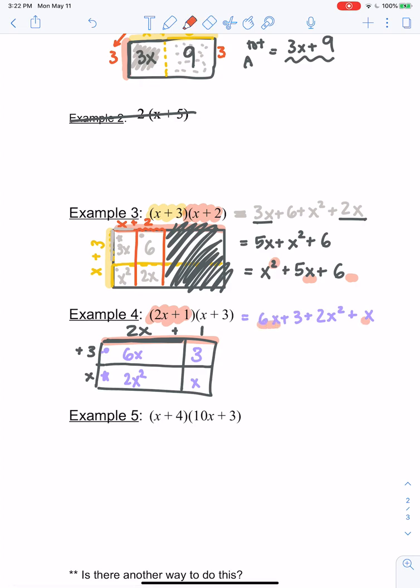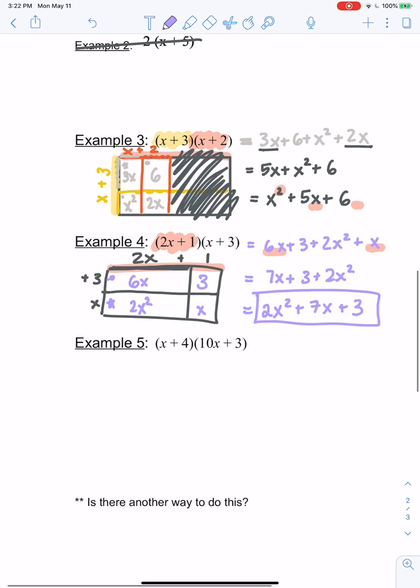No more like terms except those two, so we'll add just those. 6x plus x, that's 7x plus 3 plus 2x squared. And then let's put it in the order with the highest power first. 2x squared plus 7x plus 3.